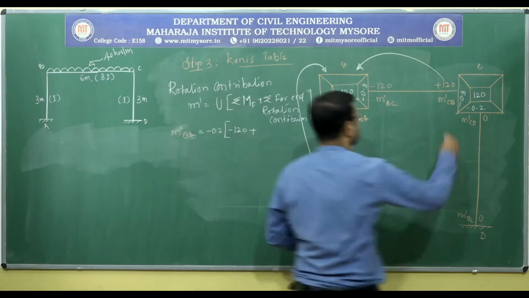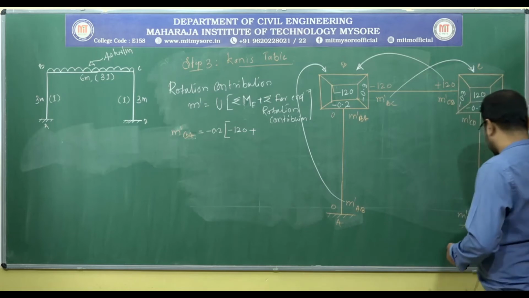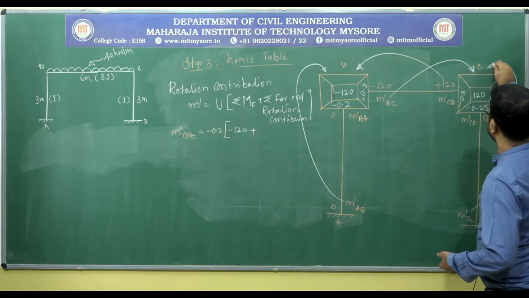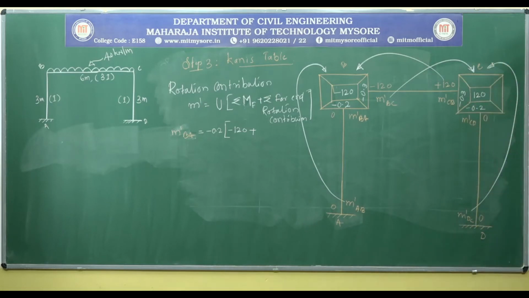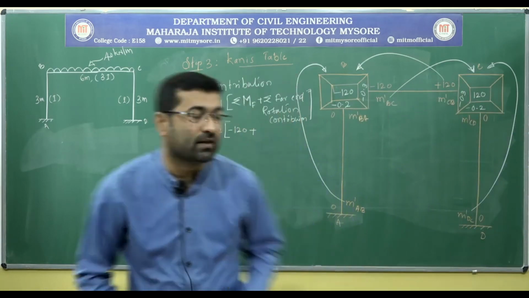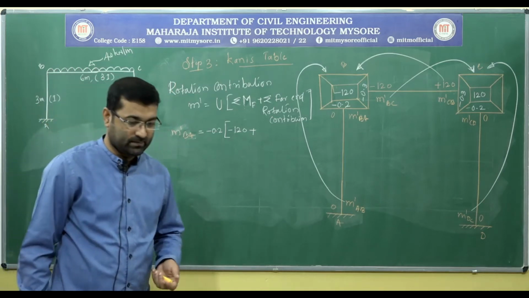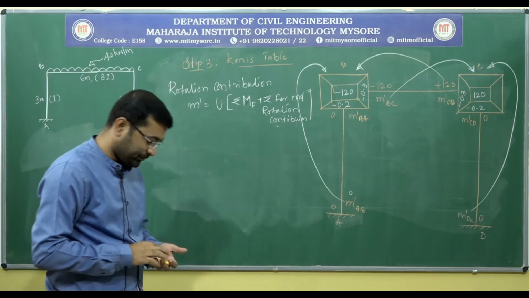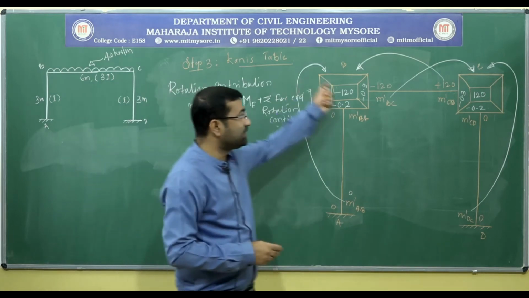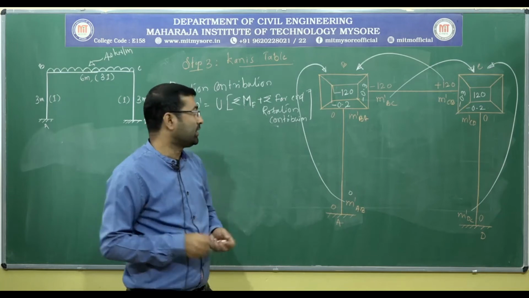Similarly, for C joint, m dash CB and m dash DC are the far end rotation contributions. They will have influences on the rotation contributions of the B joint members. These lines show the far end rotation contributions.